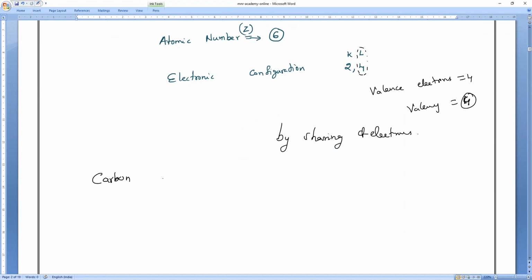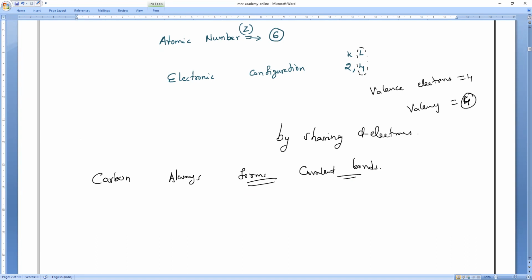The most important point you have to remember: carbon always forms covalent bonds. Please remember that. Carbon always forms covalent bonds because it can achieve the inert gas electron arrangement.